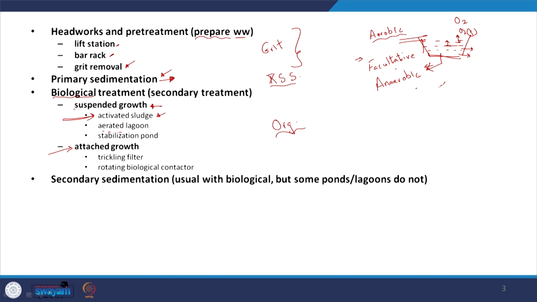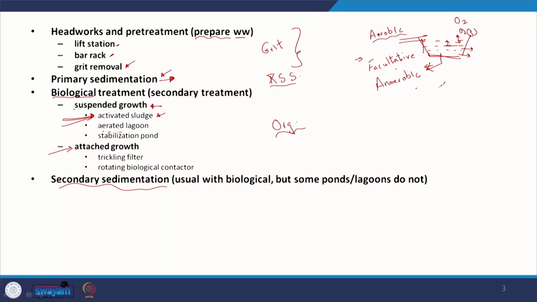And then after your activated sludge process, depending upon the kind of process that you use, for example, if it's activated sludge, you will need a secondary sedimentation tank, because the microbes that are formed form flocs and they are going to settle down. We will have a video and look at that soon. As mentioned here, this is usual with biological treatment, but some ponds and lagoons do not have secondary sedimentation.